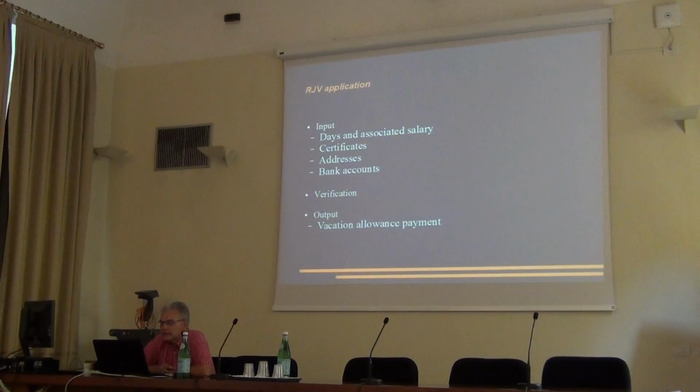They also use investments in bank accounts, because sometimes the money is transferred to the worker as a circular check, or it's transferred directly to his bank account. The basic purpose of the exercise is to pay the vacation allowance to the worker.